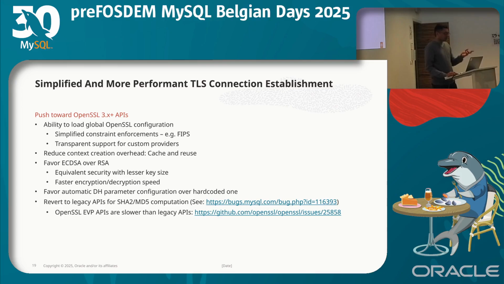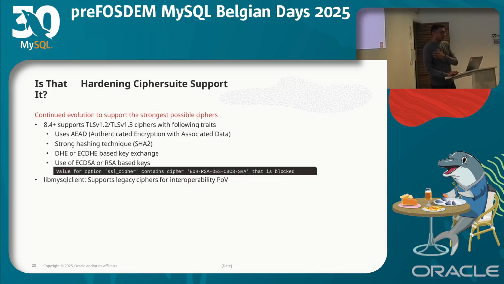Again, as with everything else, we get something more with it. As we are moving toward OpenSSL 3, we get stronger support for ciphers. We get faster ciphers with OpenSSL 3. So we have now restricted them. How many of you are configuring your own cipher on either the server side or client side, or just relying on the defaults?